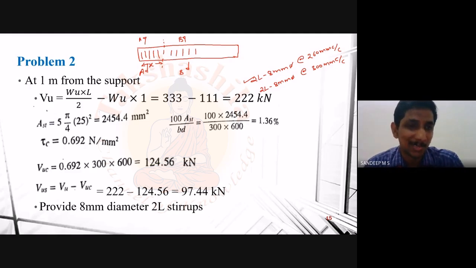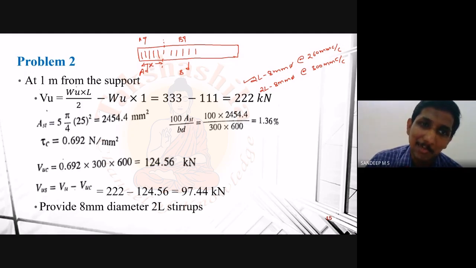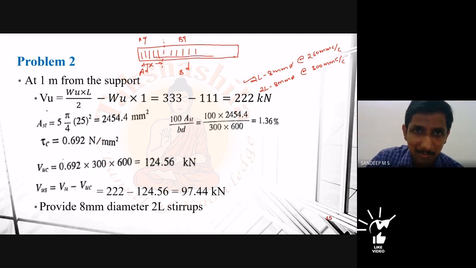Okay, so as you told, in this particular case, what they have done is they have performed another set of design at 1 meter from the left support. As you told, we have a provision of bent up bars at a distance of 1 meter. So let me assume that 1 meter is coming somewhere here, and I have just bent up my bars, and right now I have performed a design at AA, and I am providing that up to this point.